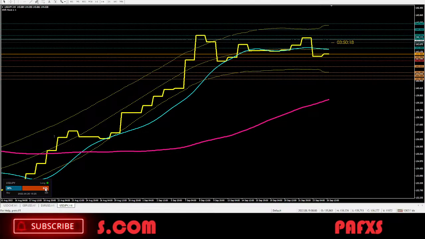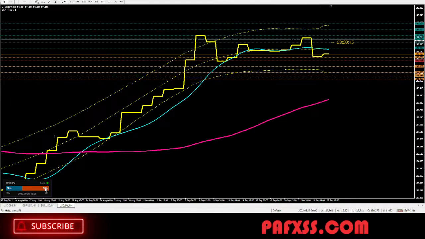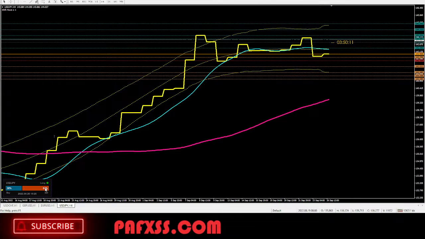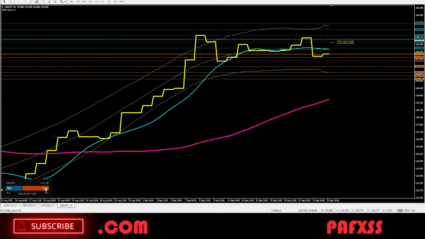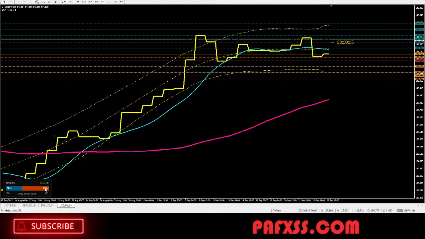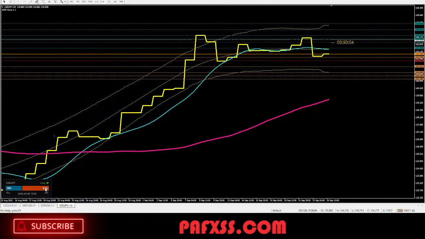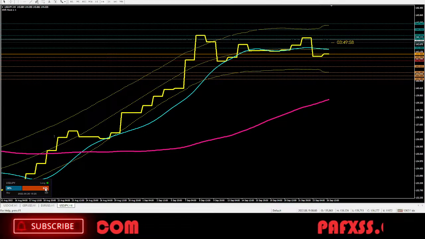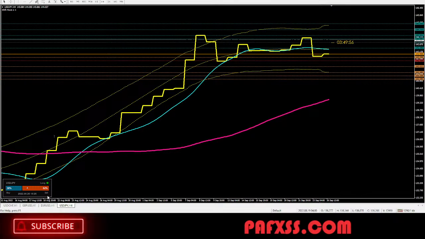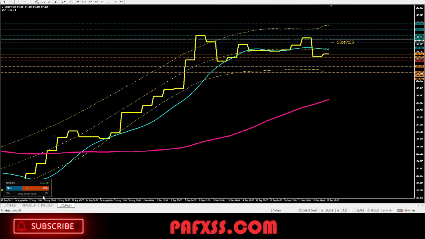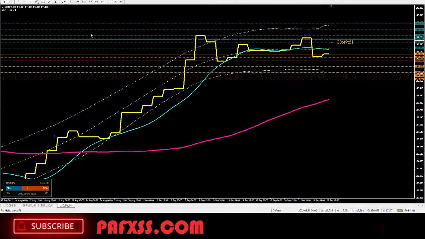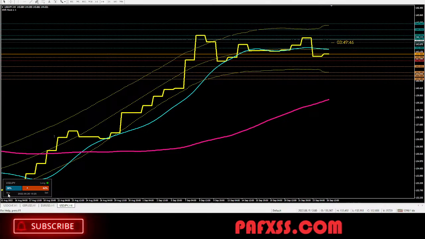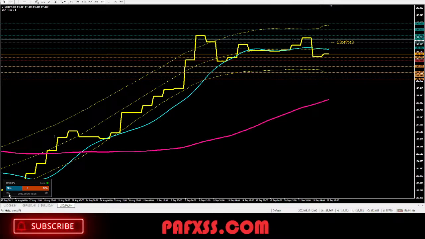What we do with the PAFXSS Insider Technique strategy, we go against everybody, because our strategy is to go with the market makers. We don't go with the traders out there. It says right here that 62% of traders are selling USD/JPY, and 38% are buying USD/JPY.